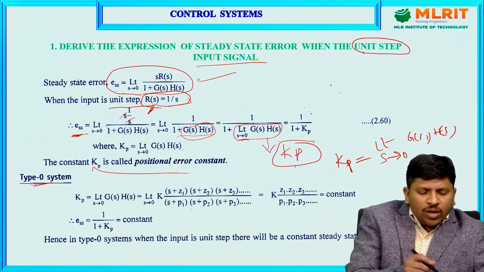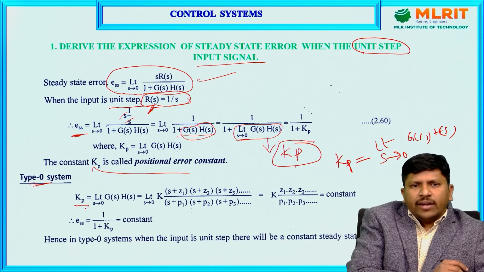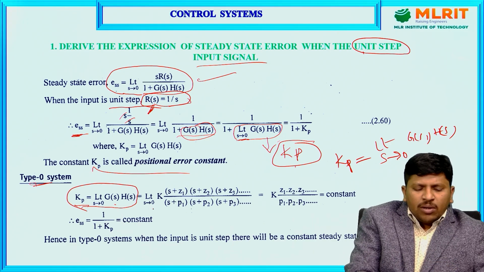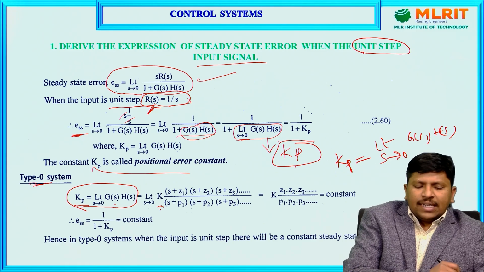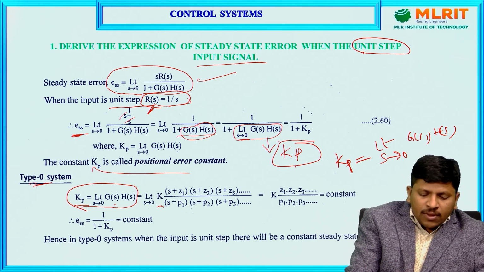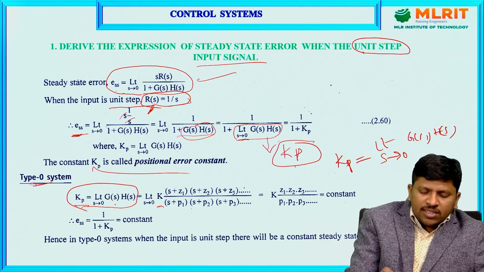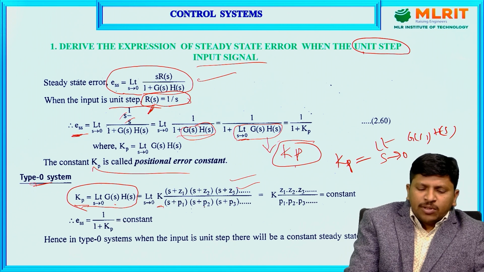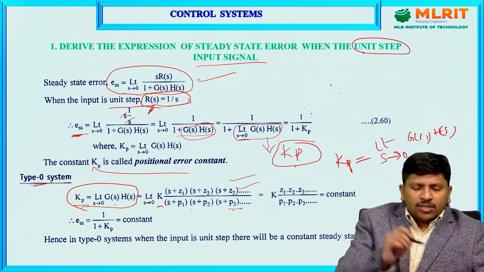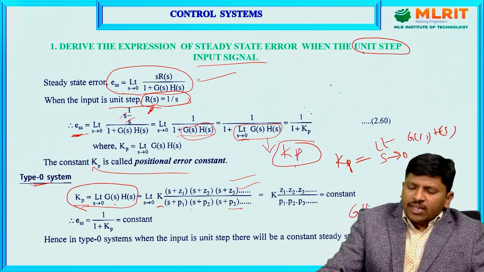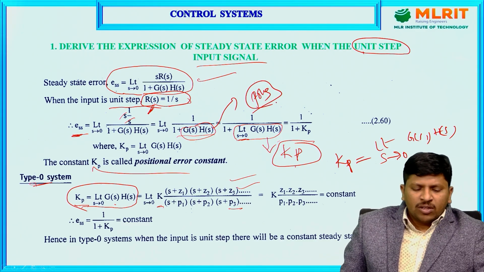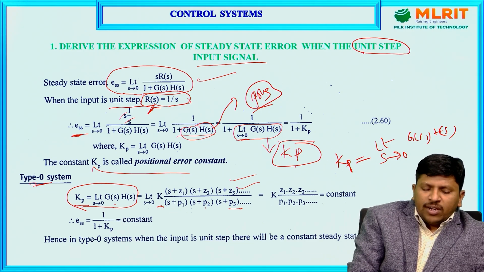Here Kp, the positional error constant, equals limit s tends to 0 of G(s) into H(s), that is K into (s plus z1)(s plus z2)(s plus z3), where these are the zeros, and in the denominator s plus p1, s plus p2, s plus p3, which are the poles of the system. The denominator of G(s) H(s) gives the poles of the system.